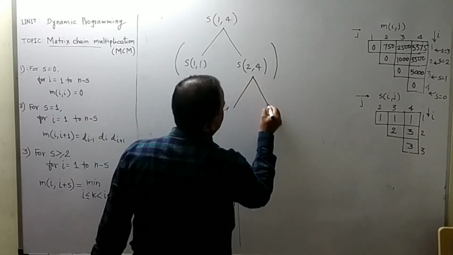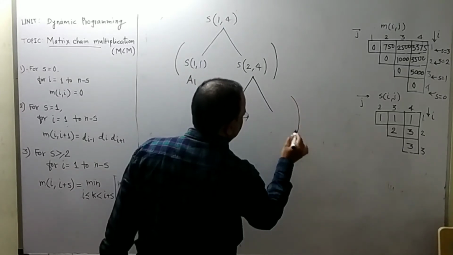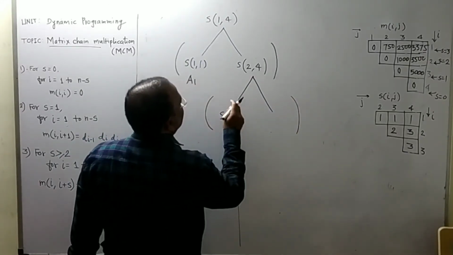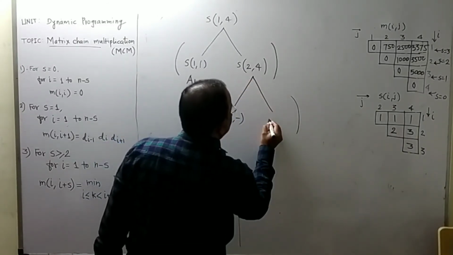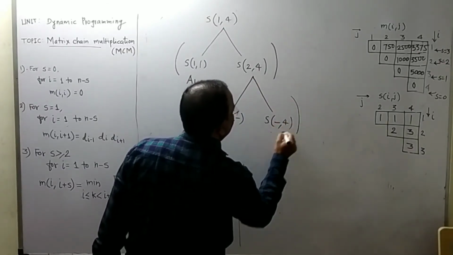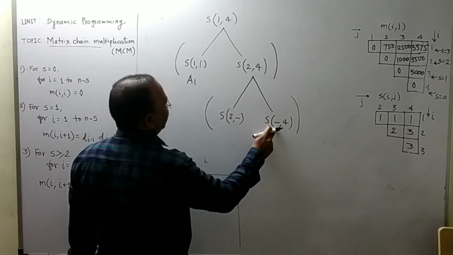Show the left and right child with opening bracket and closing bracket. Here S of 2 comma dash, this side S of dash comma 4, then put the value at dash position.